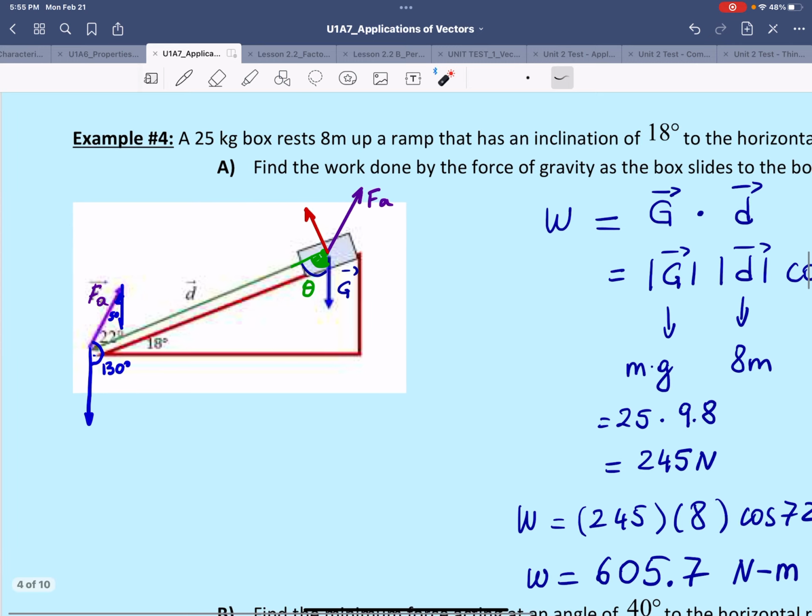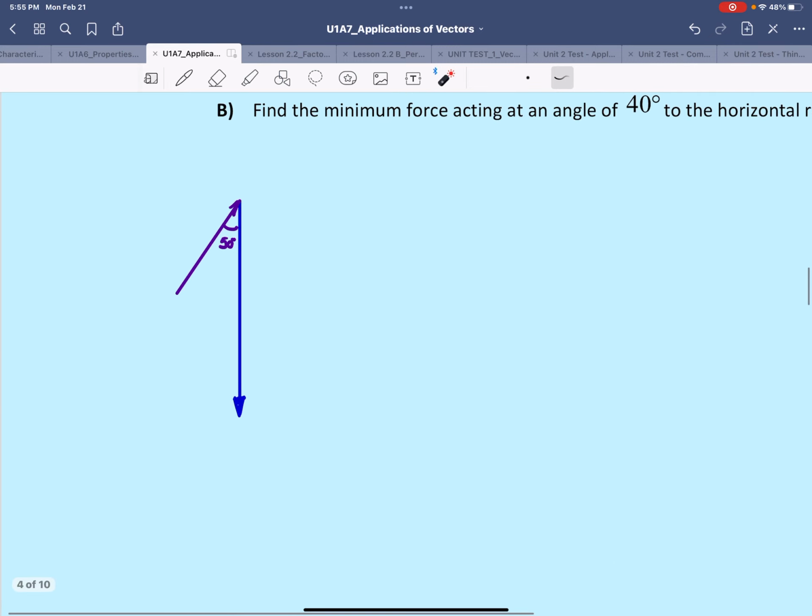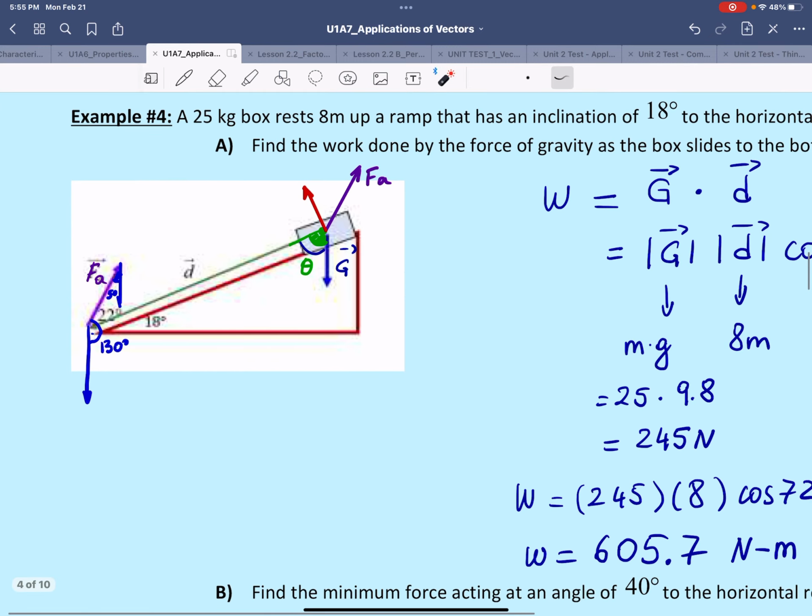So we want to bring it somewhere in here. So this would be perpendicular again. Remember, this would be perpendicular to the ramp. There you go, that's the normal force, and it will be perpendicular to the ramp.